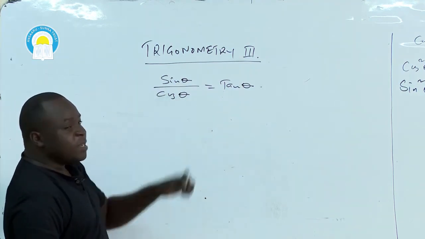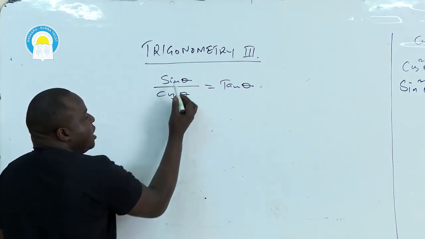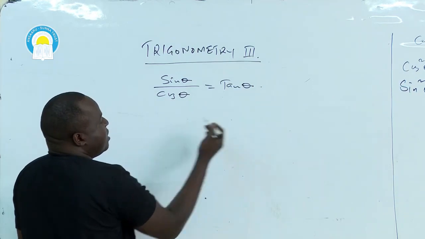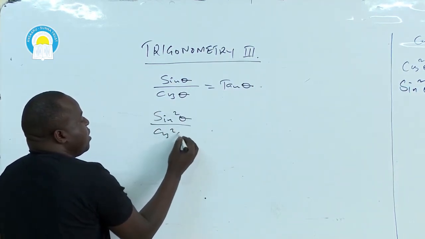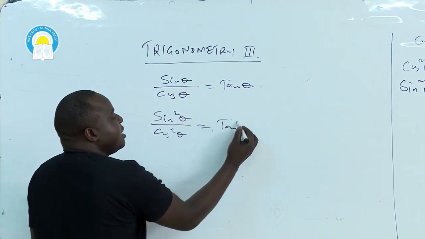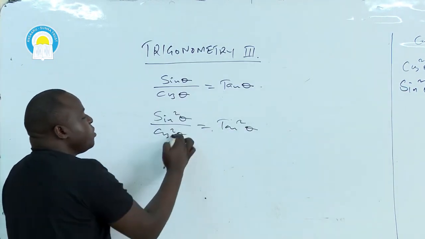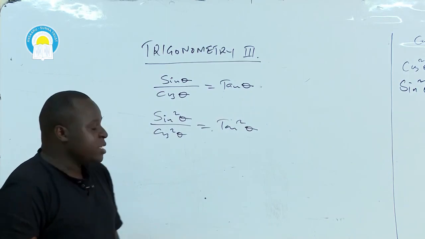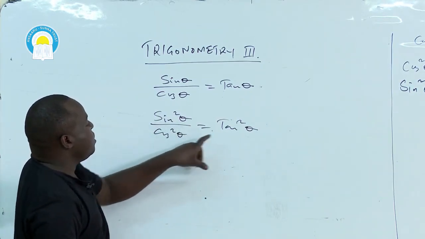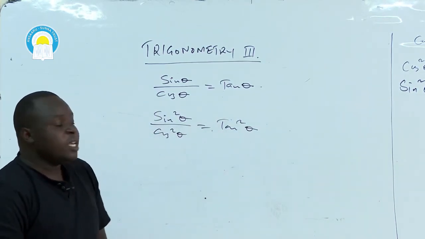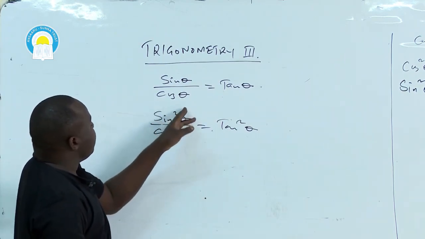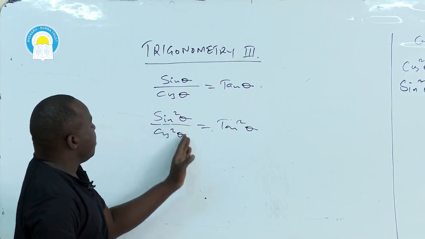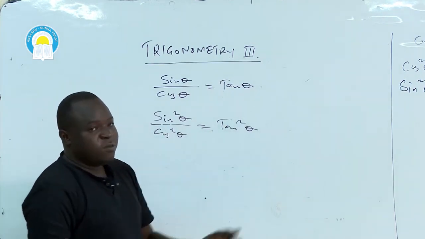And remember, for the same statement, if you squared, it's still the same. It can also be sine squared theta over cos squared theta is the same as tan squared theta. If it was cubed, it will still be the same, provided we are talking about the same angle in any of the cases. So it can even be sine raised to 5 theta over cos raised to 5 theta equals tan raised to 5 theta.